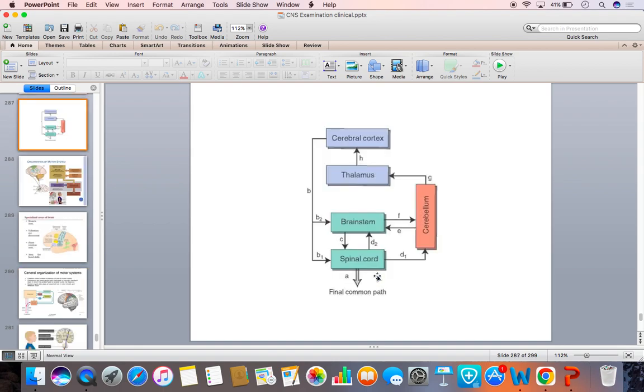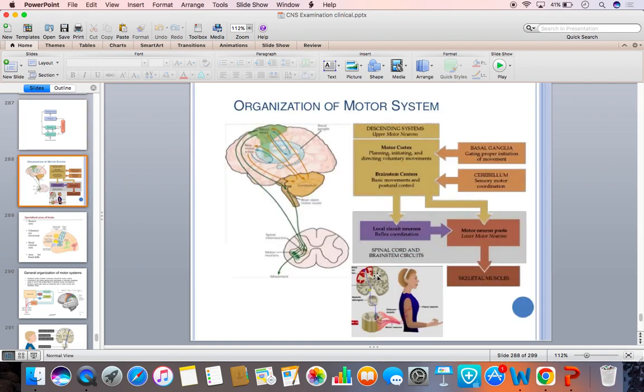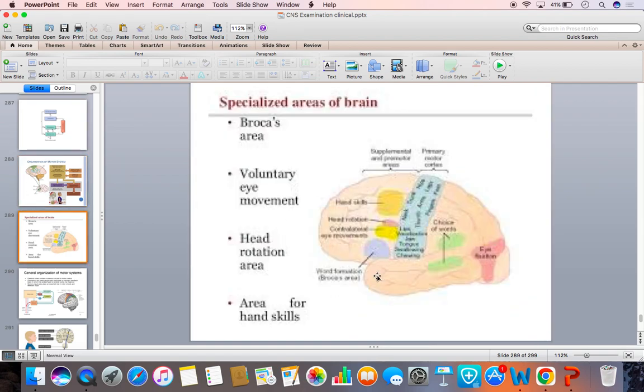Look at this, the arborization of the motor system, involving the cortex, thalamus, brainstem, spinal cord, and reconnecting with the cerebellum, which again projects its fibers into the thalamus and the higher centers. This I have already told you.